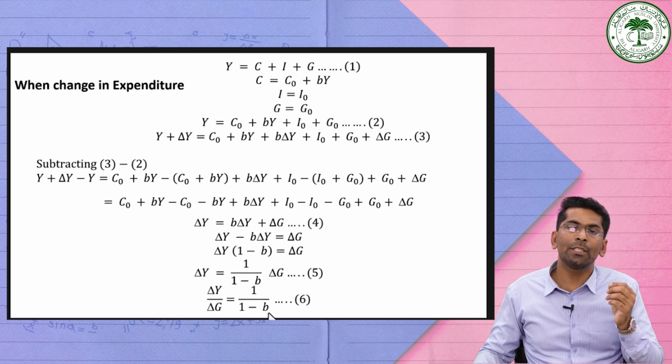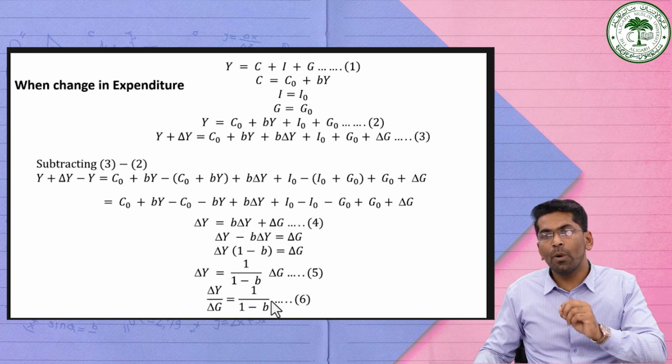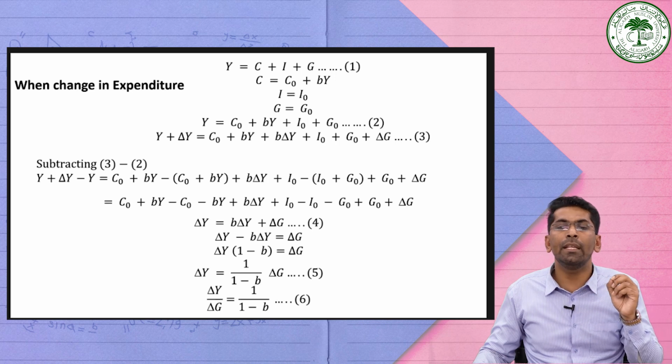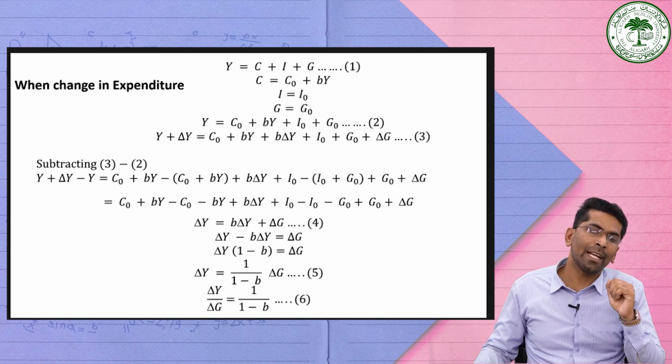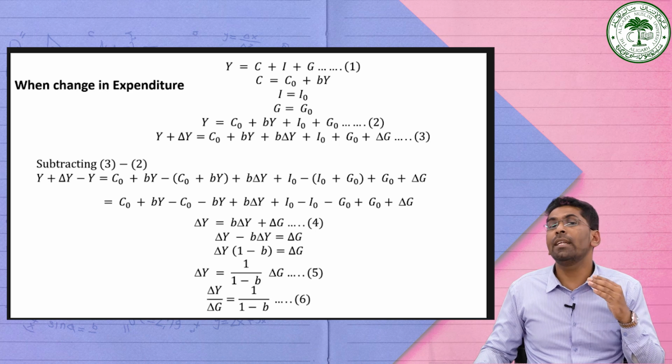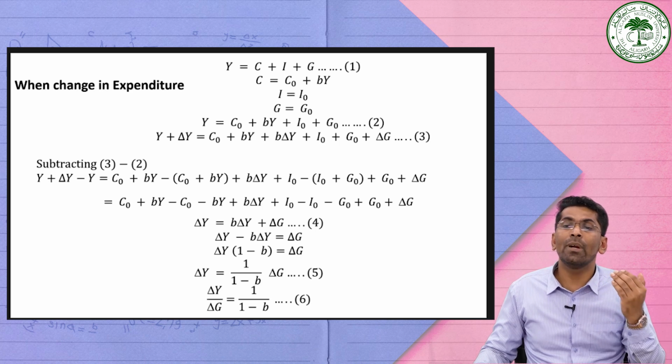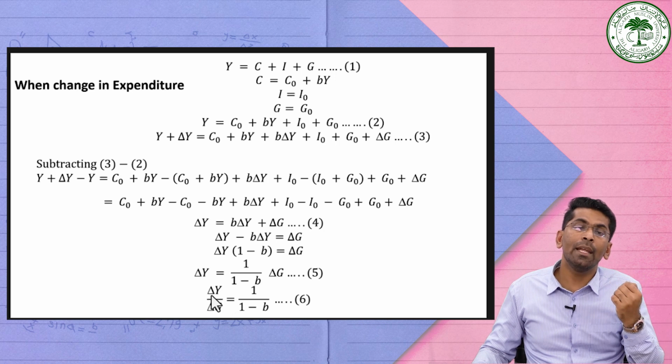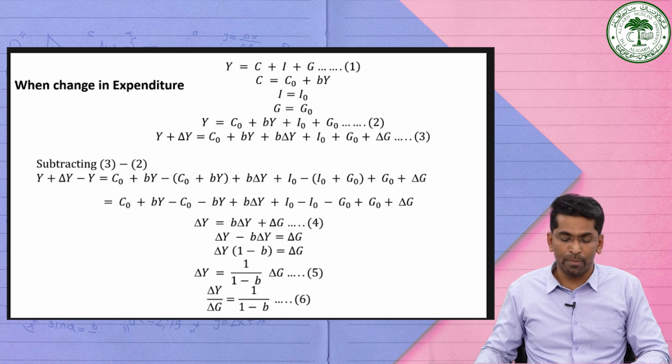This multiplier indicates how much total income in an economy will change in response to a 1 unit change in government expenditure or government spending. So the government expenditure multiplier signifies the extent to which increasing government spending stimulates economic activity, which ultimately leads to a subsequent increase in the national income in a three sector economy.